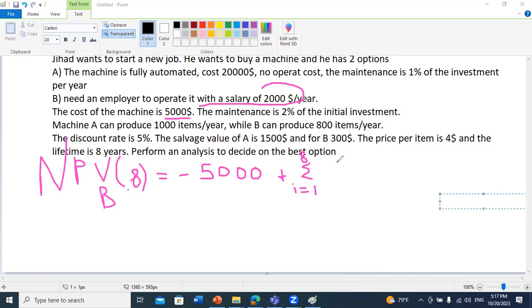First, concerning the revenue or income, the productivity is smaller here because we have only 800 items per year compared to 1,000 items for A. So for the income, it's 800 times 4, which is the cost of an item, which is equal to 3,200.